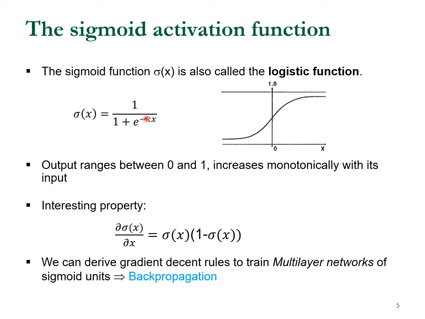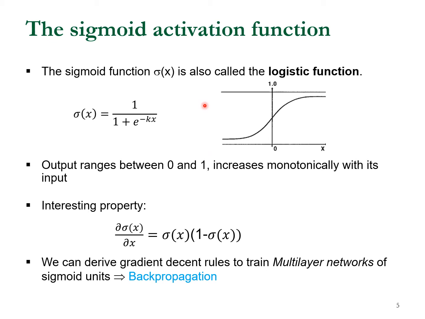If the k value is very high, this curve becomes very steep like this. And if the k value is very small, then it makes this curve very gentle or slow like this. So that's what this k does in a sigmoid function.